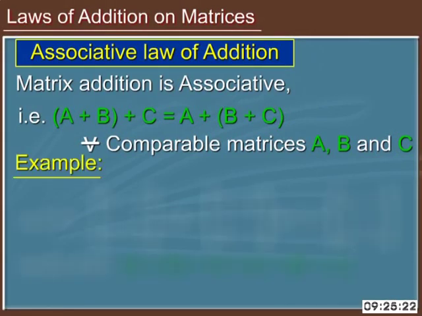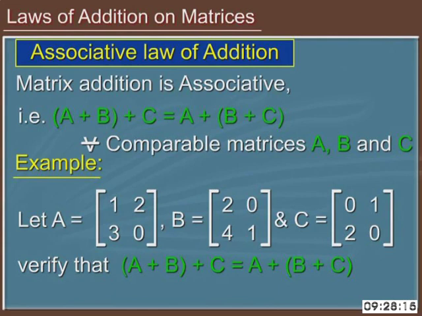Now let's see an example to verify associativity of addition of matrices. Let A be a square matrix of order 2 having first two elements as 1 and 2, second two elements as 3 and 0, and B is again a square matrix of order 2 having first two elements as 2 and 0, second two elements as 4 and 1, and matrix C, which is a square matrix of order 2 having first two elements as 0 and 1, second two elements as 2 and 0.